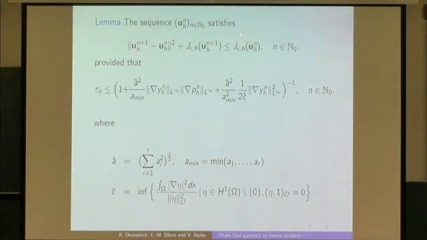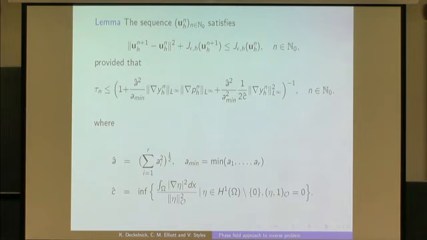The constants which appear, you can calculate them. There's maybe one difficulty about the constant c hat, which is some sort of Poincaré constant, which you can only calculate in special cases. But it might be enough to just have an upper bound for it. In principle, all these terms can be evaluated at time level n. Then you have a constraint, and you can guarantee the decrease of the energy up to the next time level.